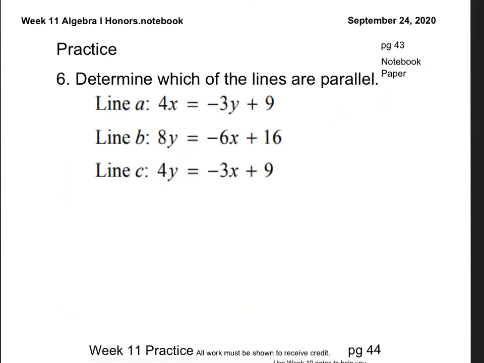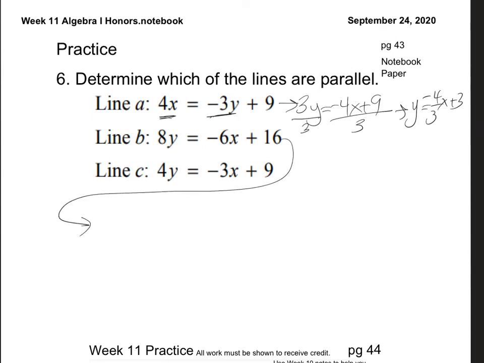For the next one, we want to get these in slope-intercept form so that we can find out their slope. Okay, so for the first one, to get it in slope-intercept form, I'm going to swap these two places. I'm going to add 3y and subtract 4x. I'm going to divide everything by 3. So y equals negative 4/3 x plus 3.